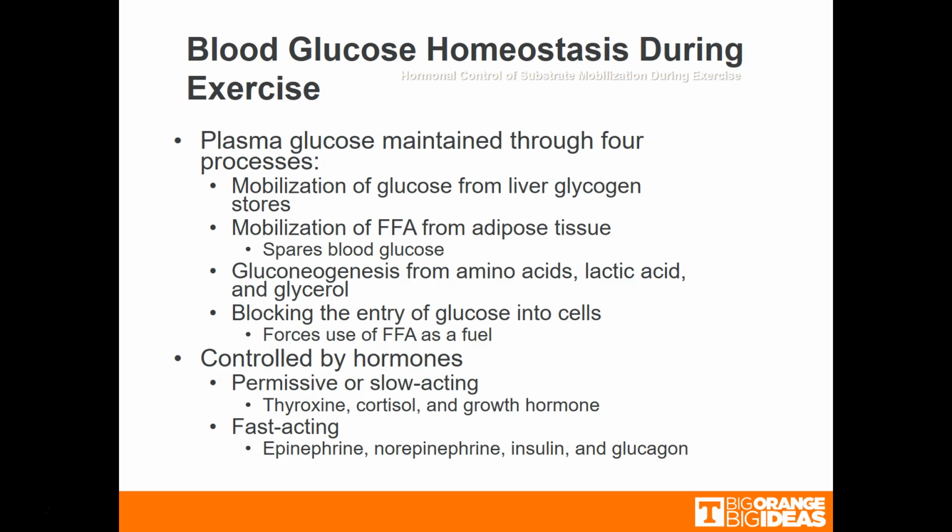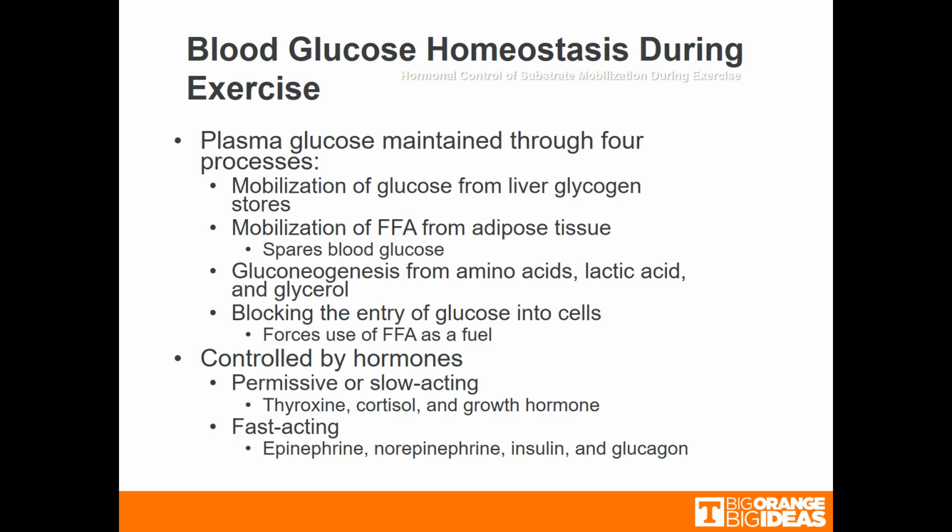So all of these hormones that I talked about, I really talked about in terms of helping to maintain the substrates or impact the substrates that we use during exercise. And so two of the major hormones responsible for the homeostasis or balance of blood glucose during exercise are going to be insulin and glucagon.